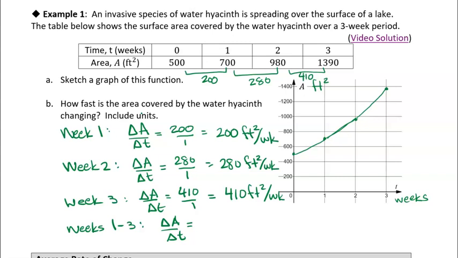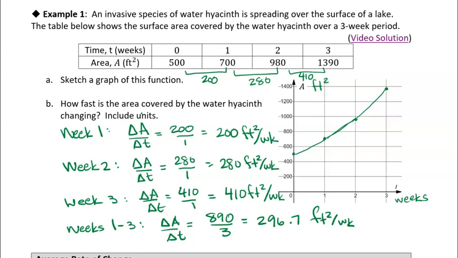So that's an increase of 890 square feet. But this time it's over a 3-week period, so I had to divide by 3 to get the rate per week. Okay, so when I put that in my calculator, I get 296.7, if I round it off, square feet per week.